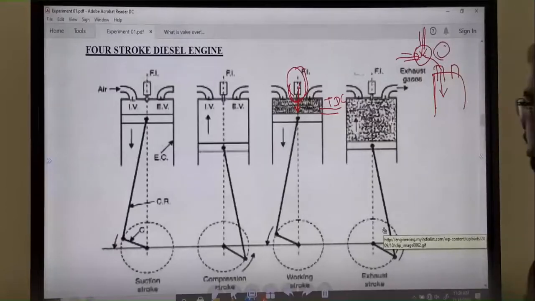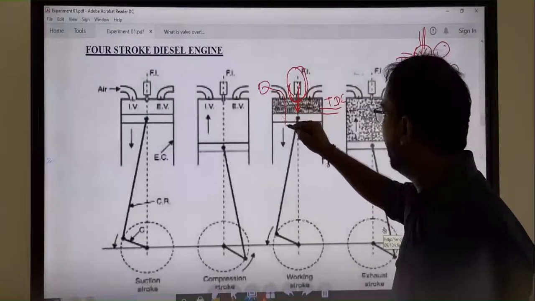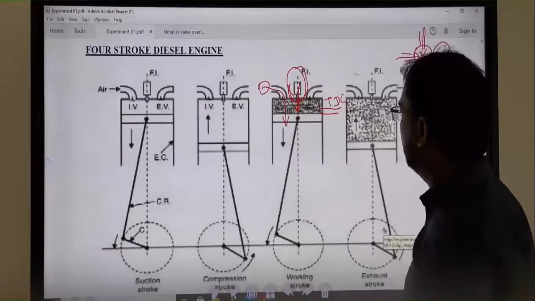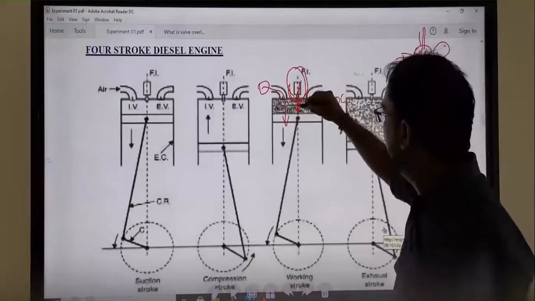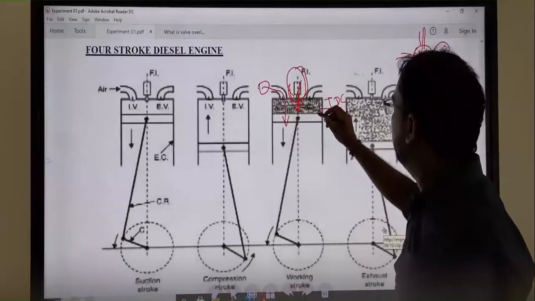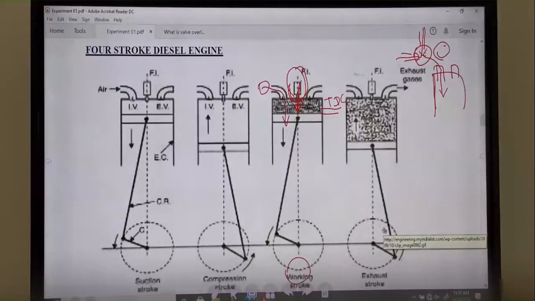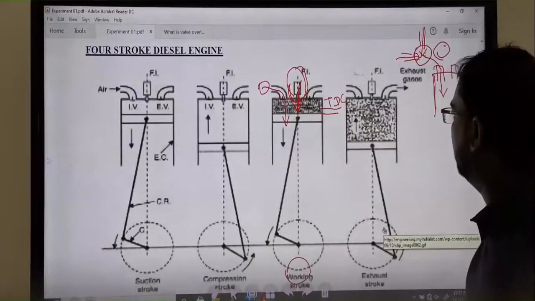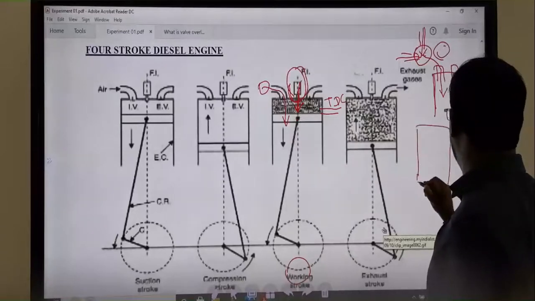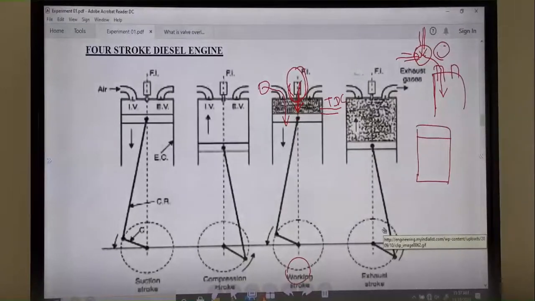But here there is no fuel mixture, only pure air comes in, and this air is compressed by this piston, then the fuel is supplied before the working stroke. But there is a small difference, because in petrol engines, this compression is normally less than in diesel engines.